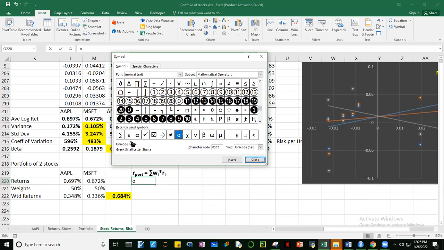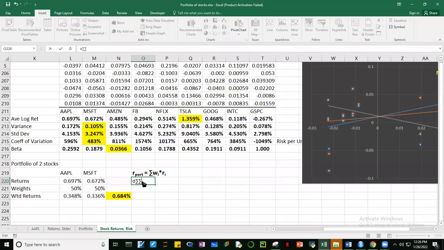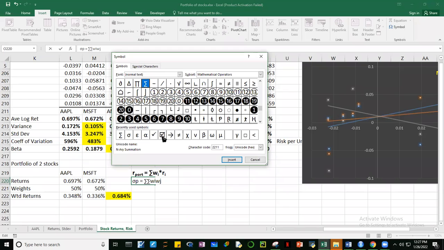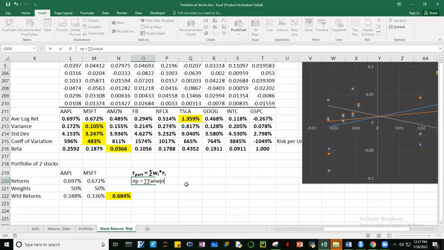So sigma at saka... Okay, ayusin ko lang yung formula guys, no?